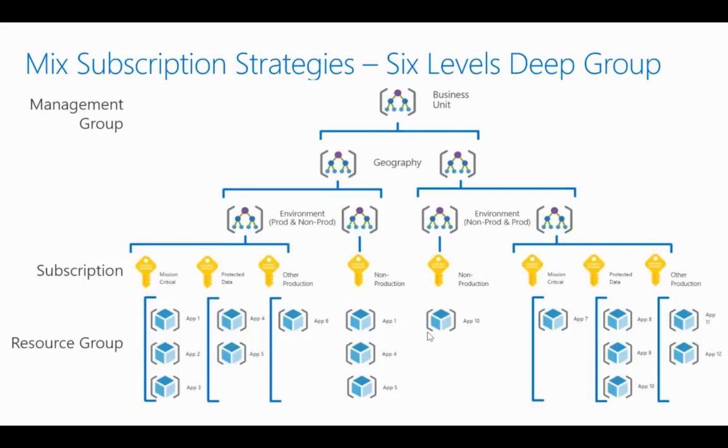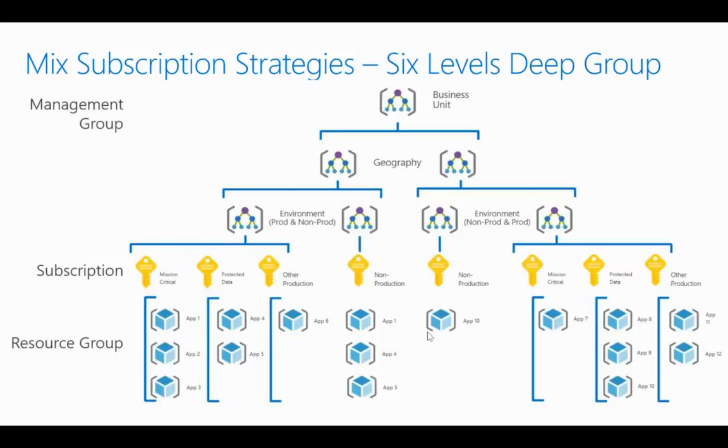So this is the beginning of the deployment in the cloud. The first thing you see is the mixed subscription strategy. From an enterprise perspective, that gives you a six-level deep group hierarchy: first your business unit, then the geography, then the environment, subscription, resource group, and the resources that you want to group with.